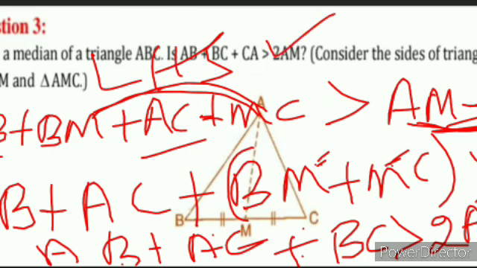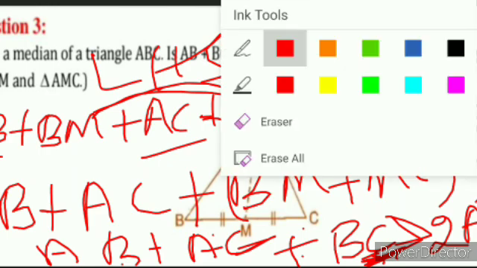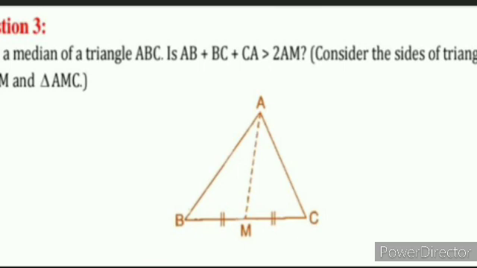This is what we have to prove: AB plus BC plus AC, that is CA as given. Both are the same. It is greater than 2AM. Yes, it is true. We have to write the conclusion in the last step. Understand? I'll show the solution now.